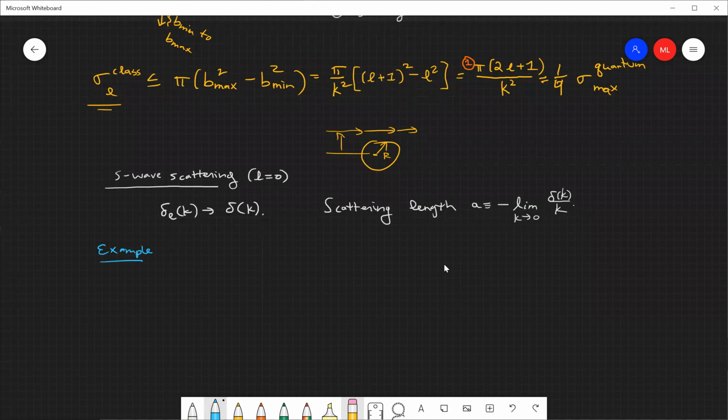an example, an easy one, which is the spherical well. So our potential will just be minus V naught in some range, and then 0 otherwise. So the idea is you have a potential that's sort of like this.